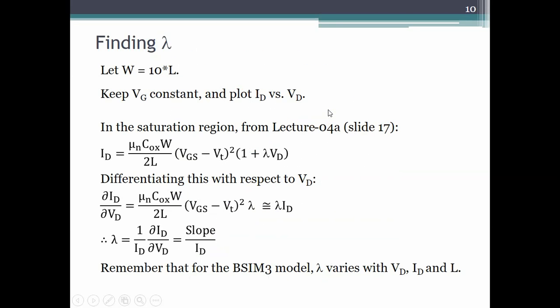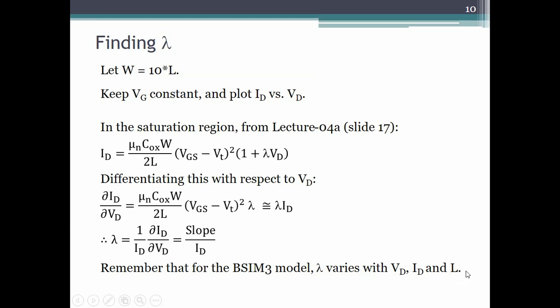Alright, so that is how one finds lambda. As I said before, lambda varies with Vd, ID and L in the BSIM3 model. Therefore, you are going to find lambda for various values of Vd and various values of L. Alright, so this describes to you how to find mu, Cox, Vt and lambda.